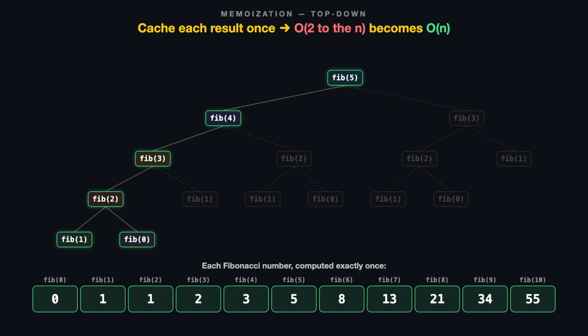The exploding tree becomes a straight line. That is O of 2 to the n collapsing to O of n. Each Fibonacci number, computed exactly once: 0, 1, 1, 2, 3, 5, 8, 13, 21, 34, 55.